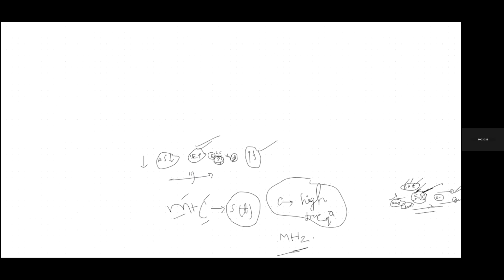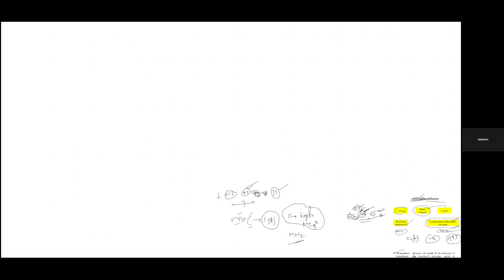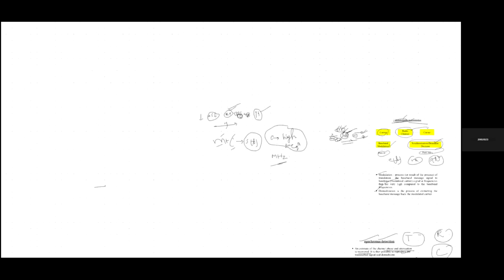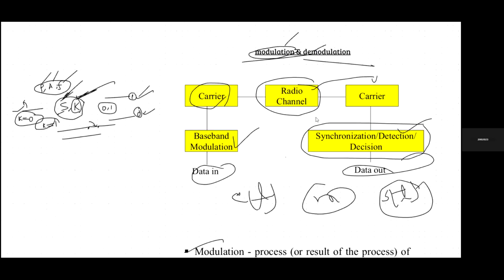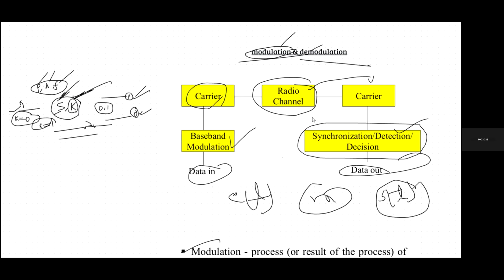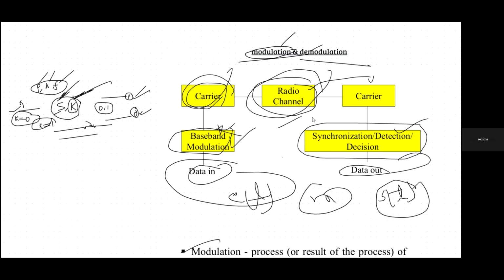After sending the transmitted signal through the modulating process, we also need to receive the message signal at the receiver side by extracting the carrier signal from the transmitted signal. Here in this block diagram, we can see that the data goes into baseband modulation, which means mixing the carrier signal with the message signal. After that, it is transmitted to the radio channel. We can have various types of channels, like optical fiber, waveguide, and transmission line.